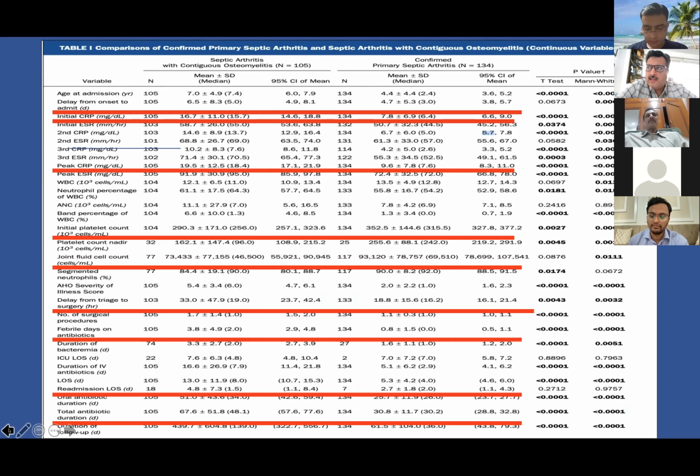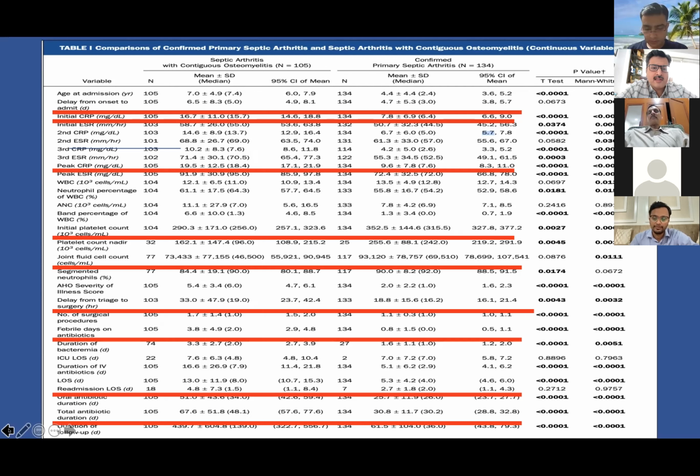In joints where the metaphysis is intra-articular, they can have a recurrence of sepsis. They may also have changes in the bone later on, or sequestrum formation, and all varieties of complications. So the key message should be: what are the findings which would suggest that this child may have associated osteomyelitis?